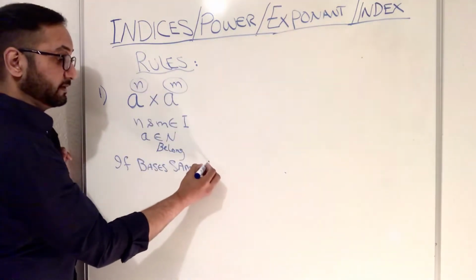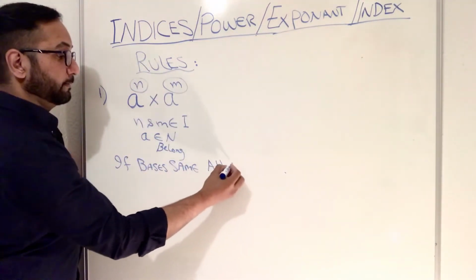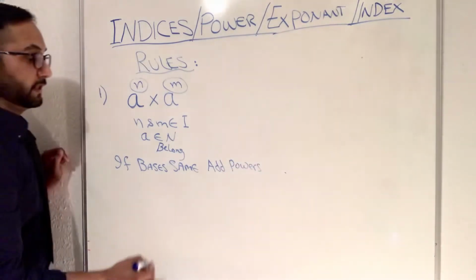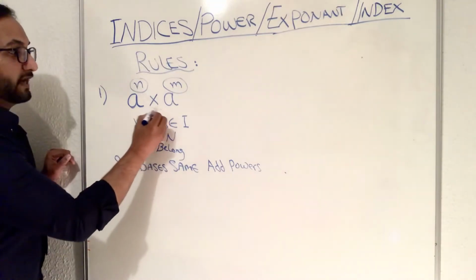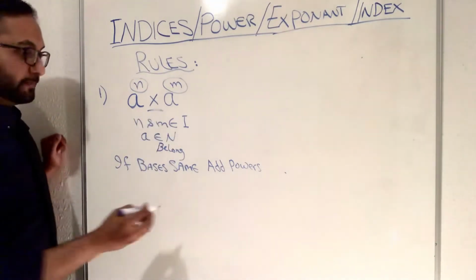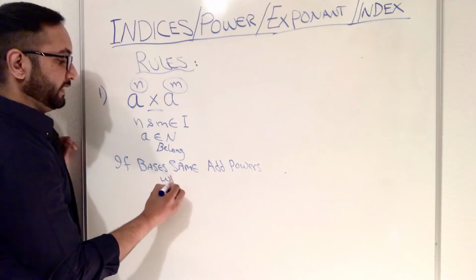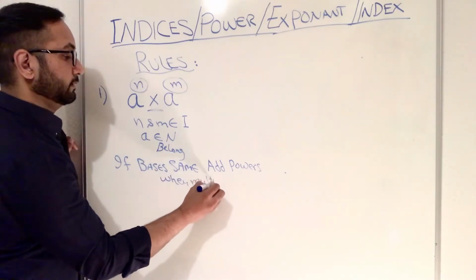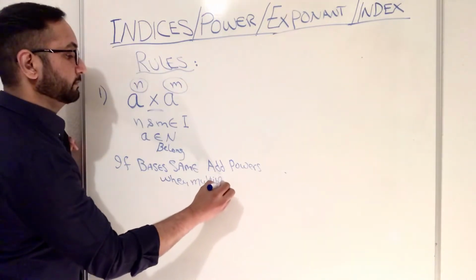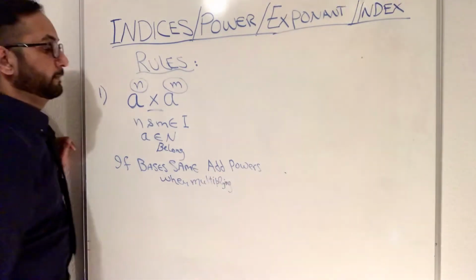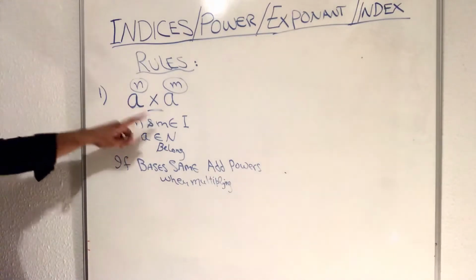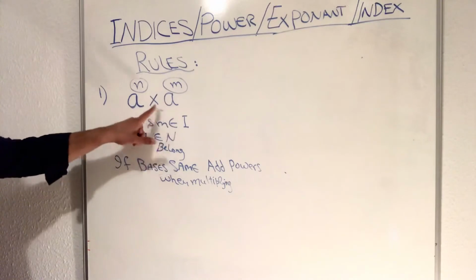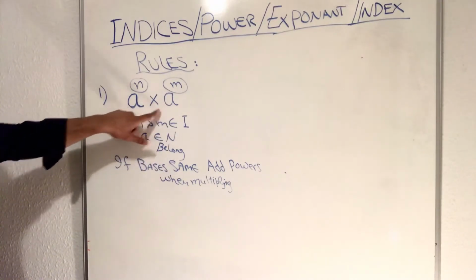We add powers, only when they are multiplying. First rule: if the base is the same, the powers will be added. Only one condition, when they multiply. This is the one rule.